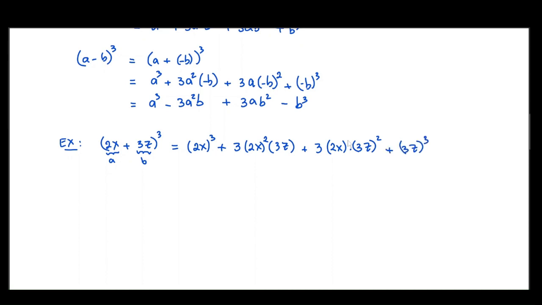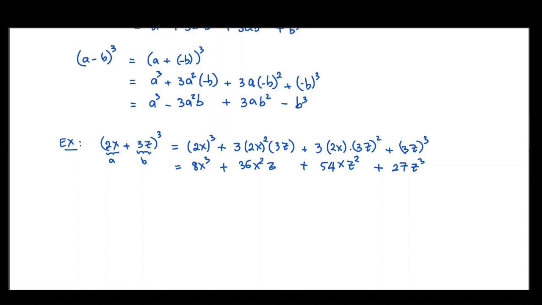Then we have 2 to the power 3, which is 8x cubed, plus 2 squared is 4, so 3 times 4 is 12, times 3 is 36, x squared z, and then plus 3 squared is 9, 9 times 3 is 27, times 2 is 54, x z squared, and plus 3 cubed is 27, z cubed.